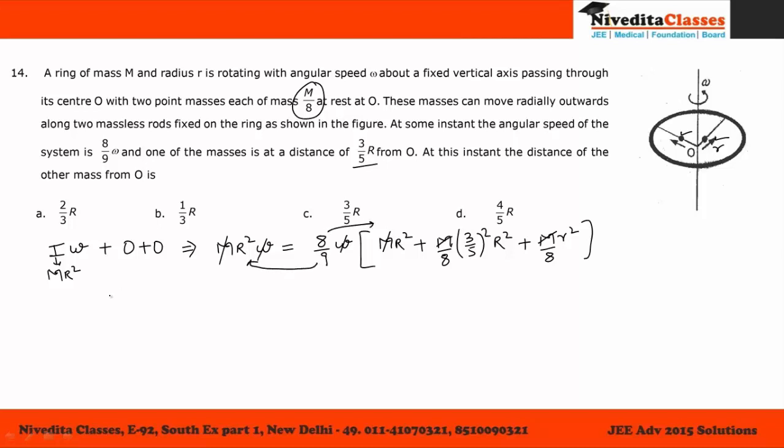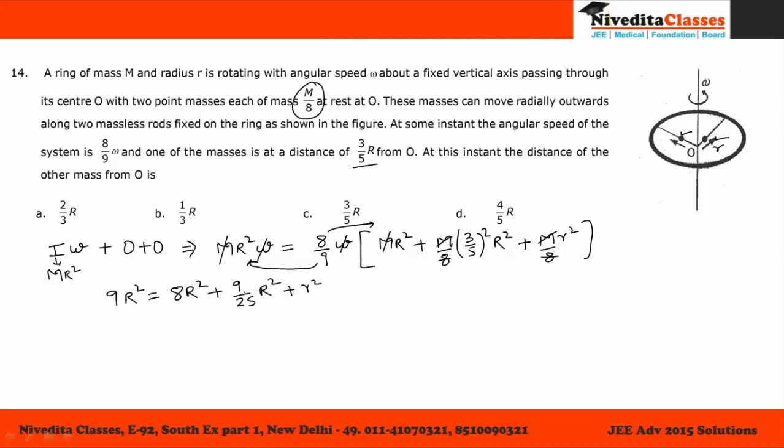So we will be left with 9r square is equal to, when I take this 8 inside, 8r square plus, this 8 will get cancelled out, this 8 will also get cancelled out. So I will be left with 9 divided by 25 r square plus small r square.